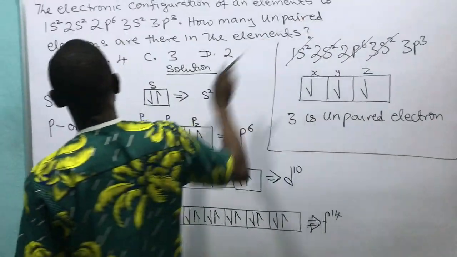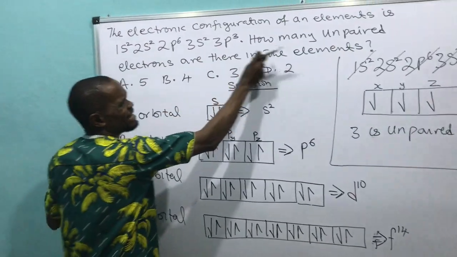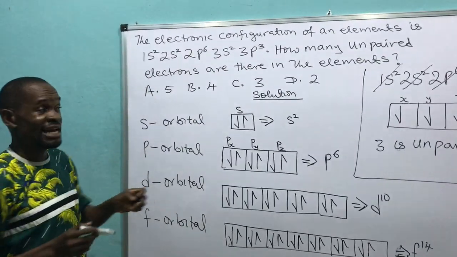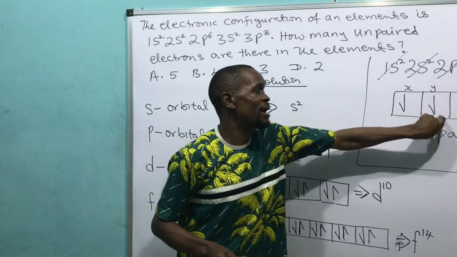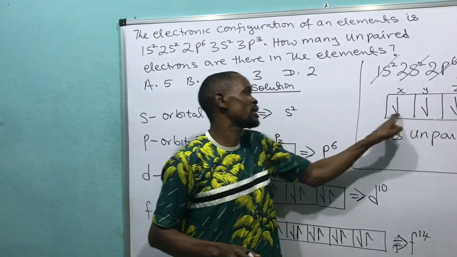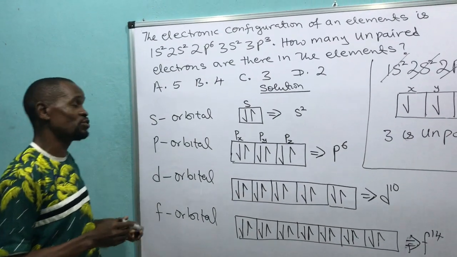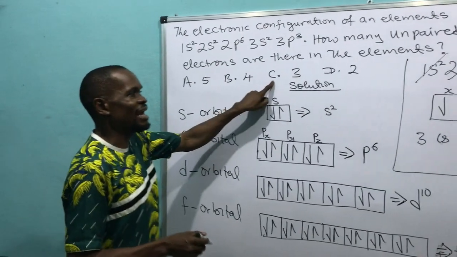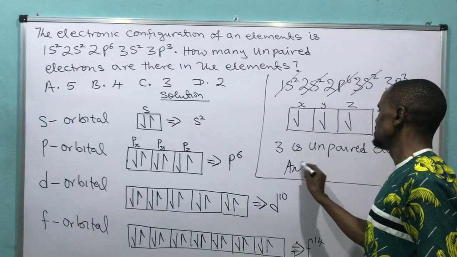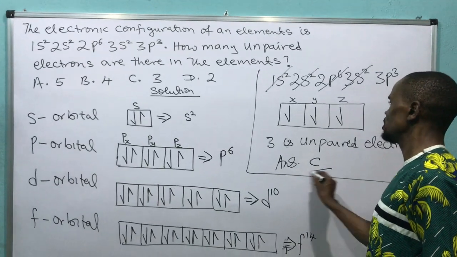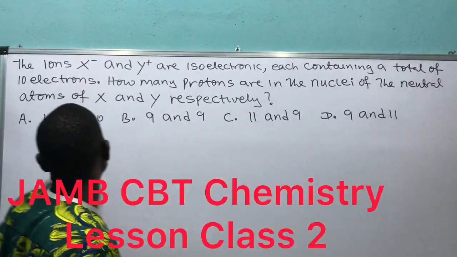How many unpaired electrons are there in the element? Three electrons are unpaired. Here is unpaired, unpaired, unpaired: 1, 2, 3. My answer here is option C.